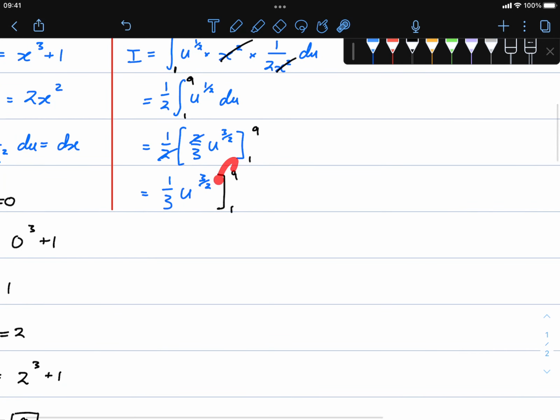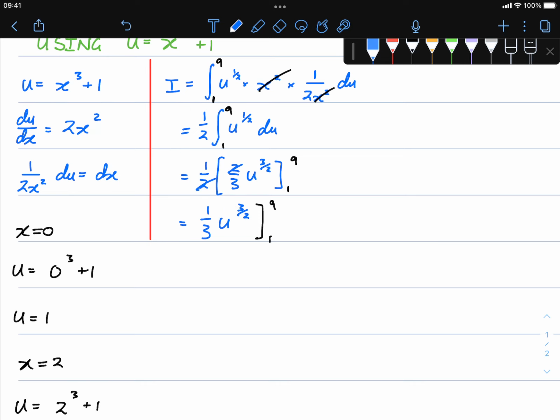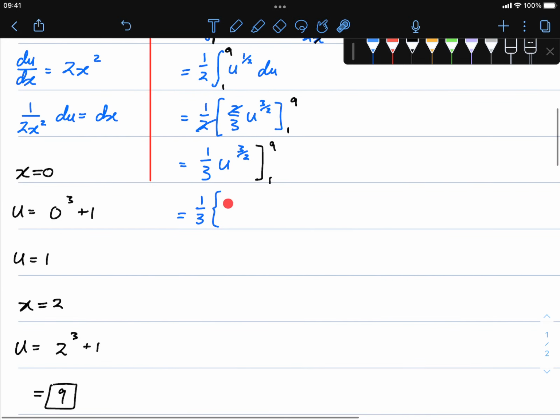And it's actually this that we can substitute without having to resubstitute the expression back in. So our question becomes a little bit simpler, where we substitute 9 into here. So substituting 9 to the power of 3 on 2, we get 27.